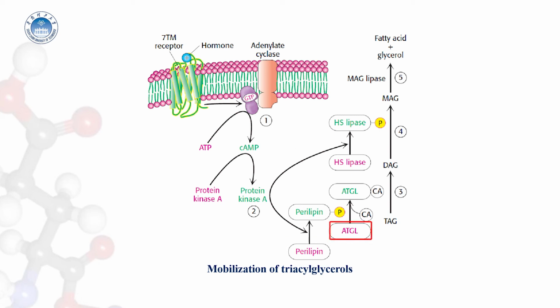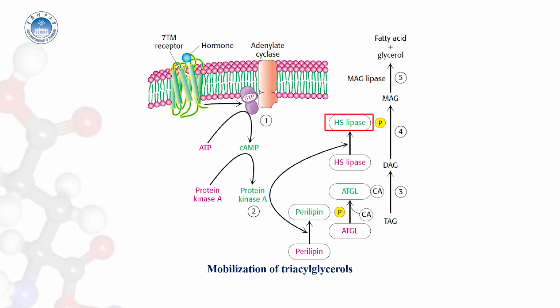The phosphorylation of perilipin triggers the release of a co-activator for adipose triglyceride lipase, short for ATGL. Once bound to the co-activator, ATGL initiates the mobilization of triacylglycerols by releasing a fatty acid from triacylglycerol, forming diacylglycerol.